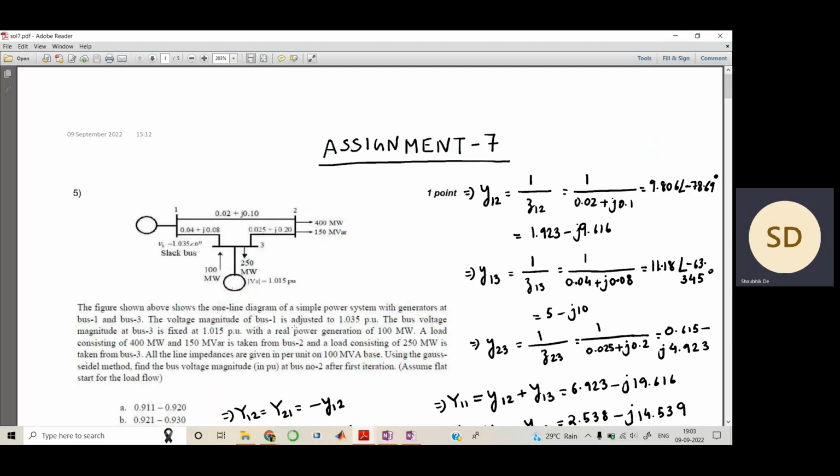The voltage magnitude of bus 1 is adjusted to 1.035 per unit, and the bus voltage magnitude at bus 3 is fixed at 1.015 per unit with real power generation of 100 megawatt. Mind you, these are all generators.